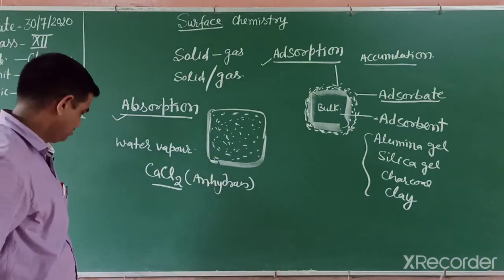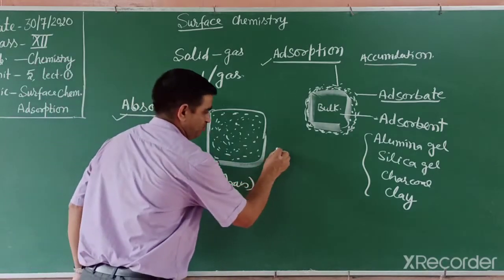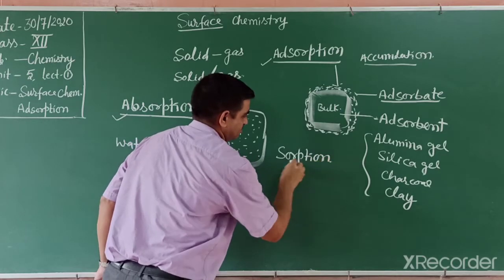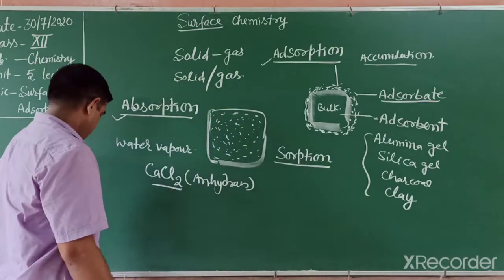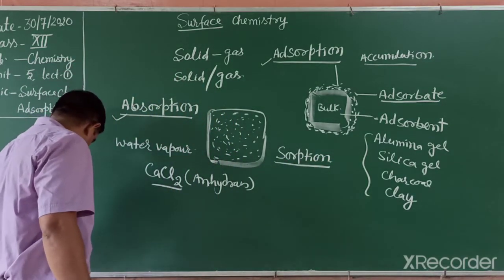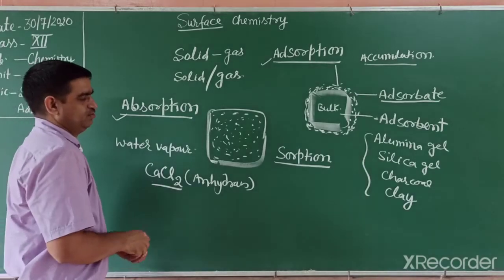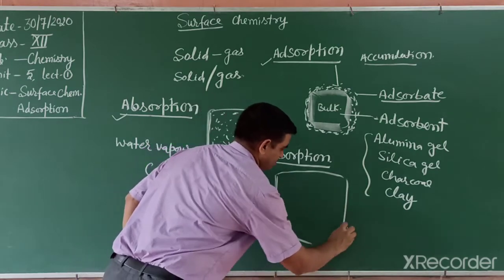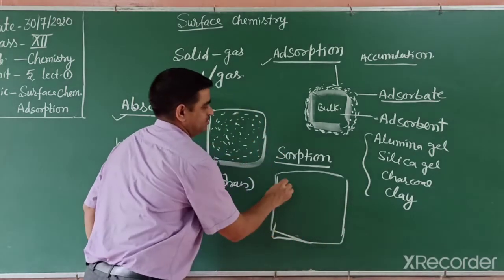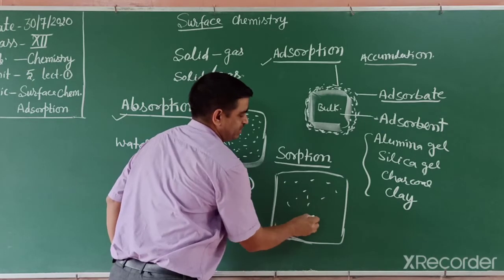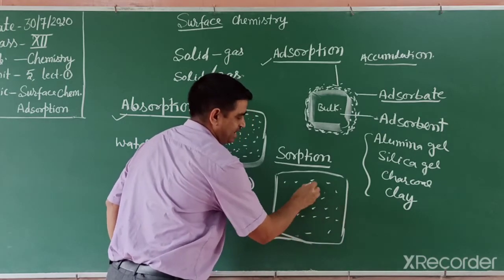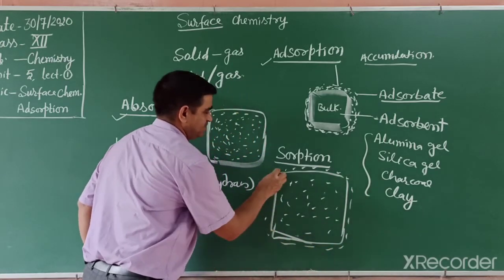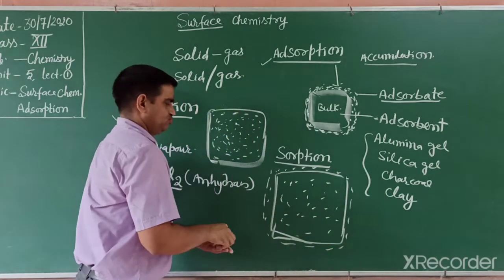The other term is sorption. The third term is sorption. Students, what do you mean by sorption? If the molecules are equally distributed inside the bulk as well as on the surface, that process is known as sorption.